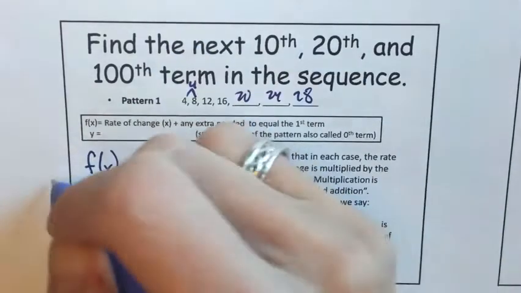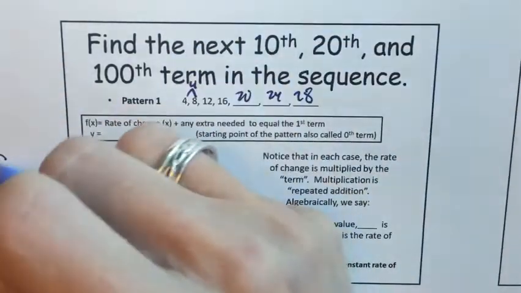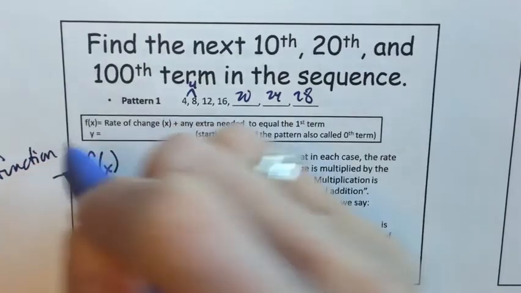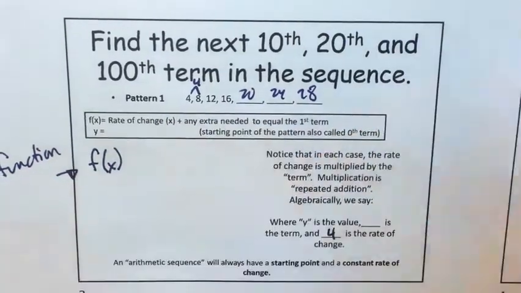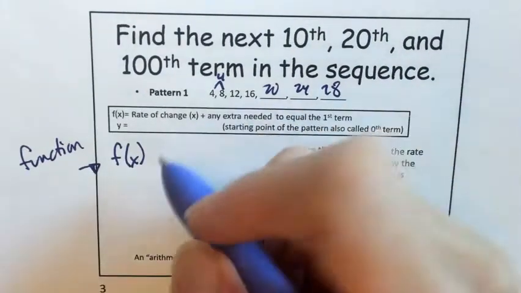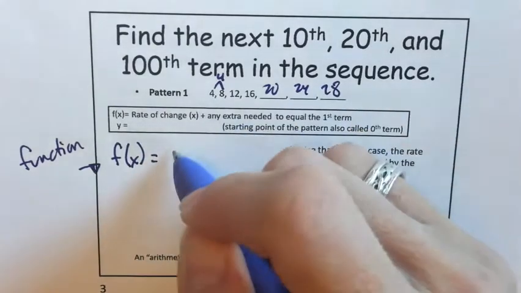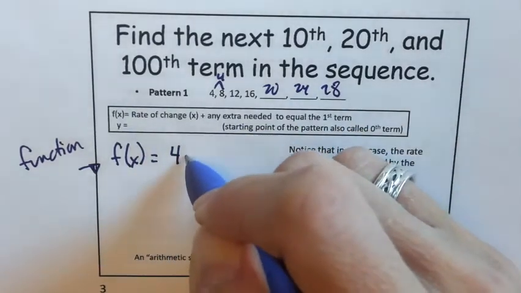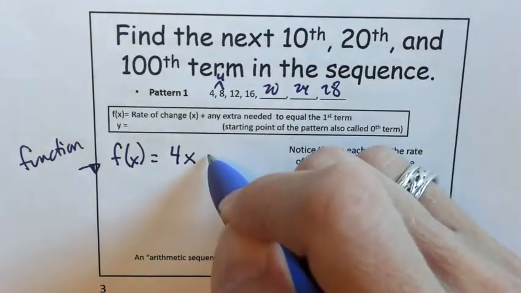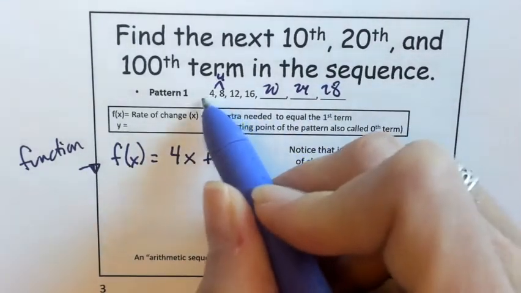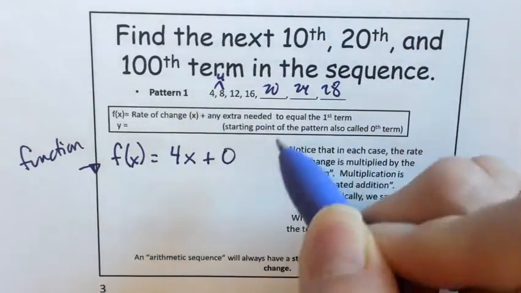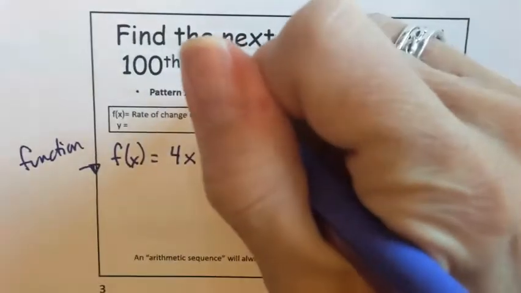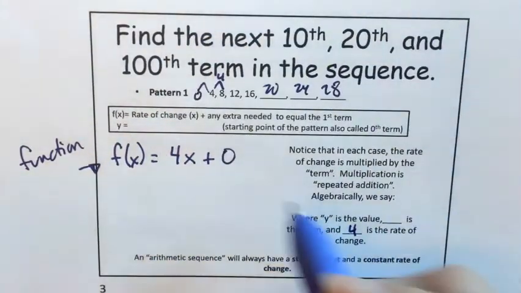That's another symbol for function. Function is another word for rule or pattern. The function is the rate of change 4 times x plus what additional did I need to get to that first 4? Nothing, because if I go backwards from 4, I would start out at 0.